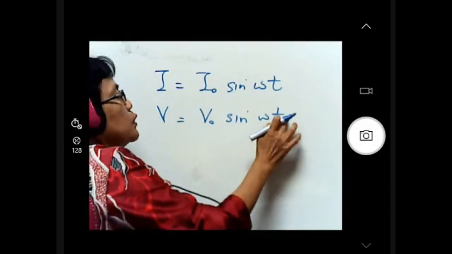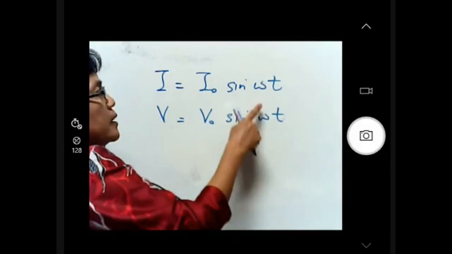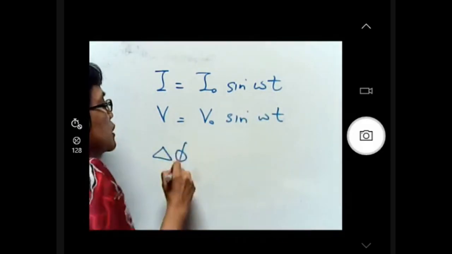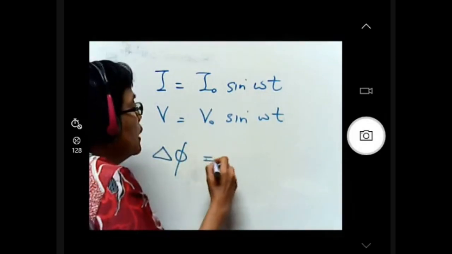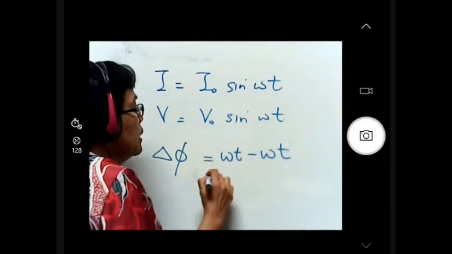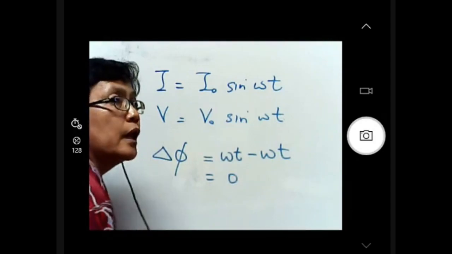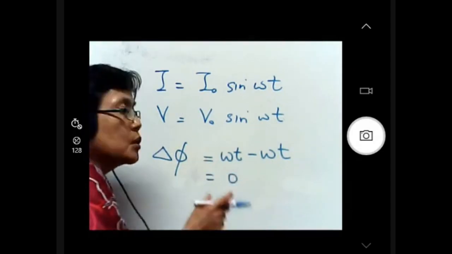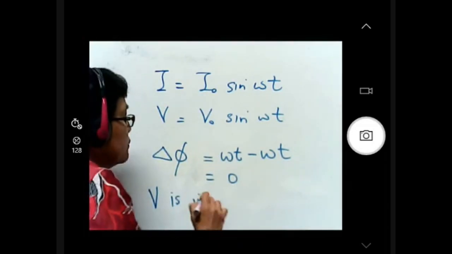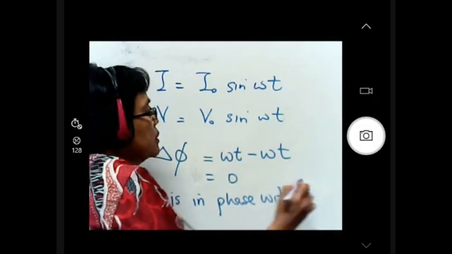So if I were to find the phase difference, meaning the difference between the two phases, the phase difference between V and I will be omega t minus omega t. So we get 0, meaning the phase angle between current and voltage is 0. So we say that the voltage is in phase with current in the circuit.